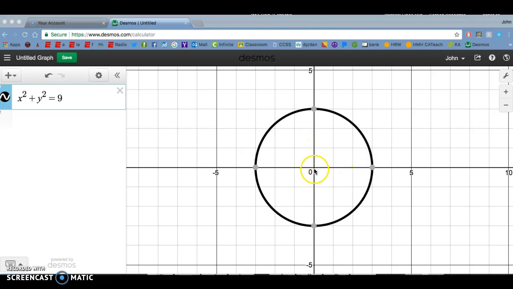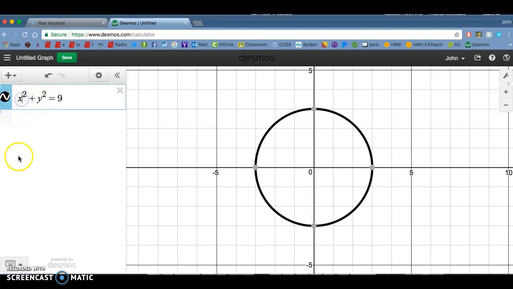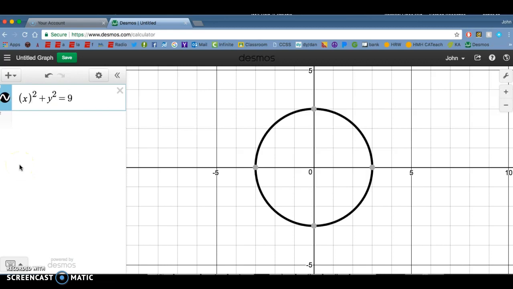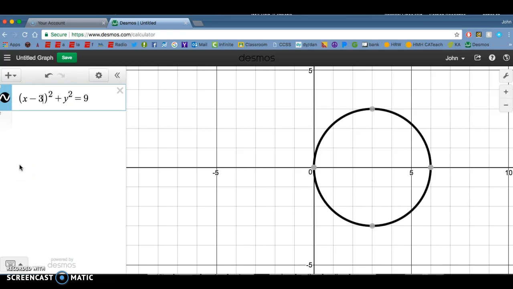All right, and we can also change the center of our circle by adding and subtracting numbers to our x and our y. If I want to move this to the left and to the right, I'm going to change x. So if I want to move it to the right 3, I subtract 3. So there's a new center of our circle, x minus 3.